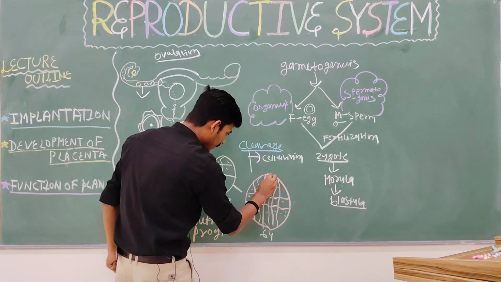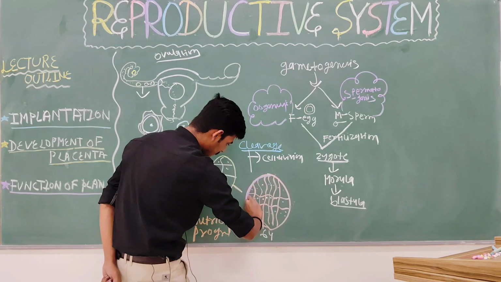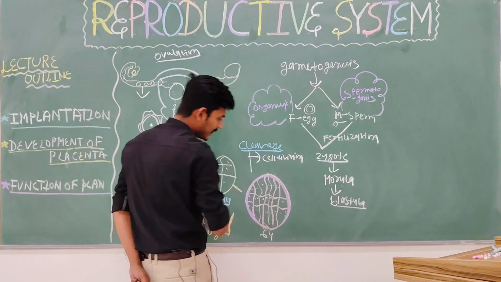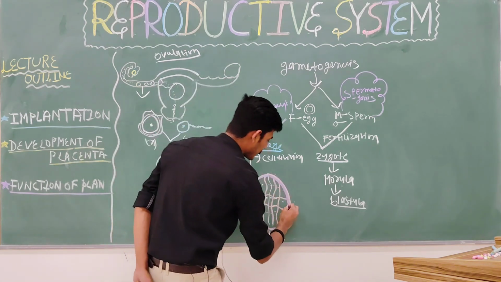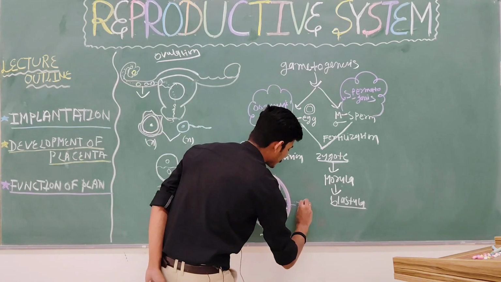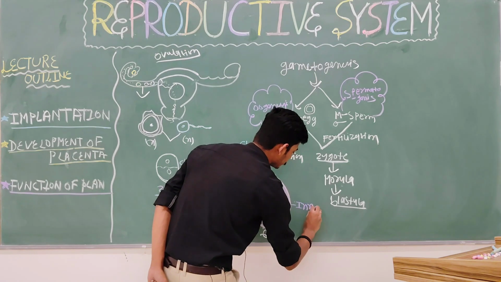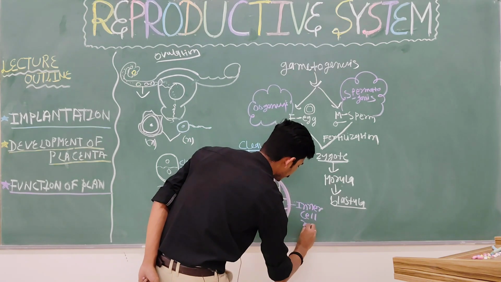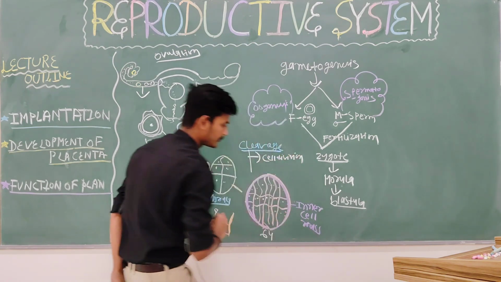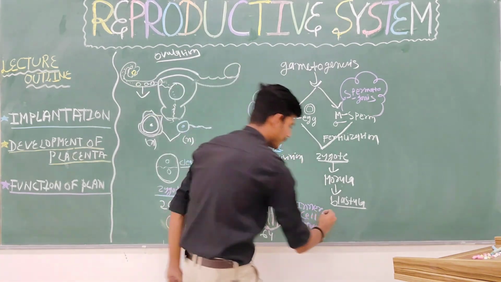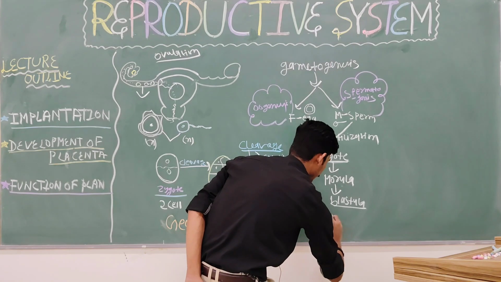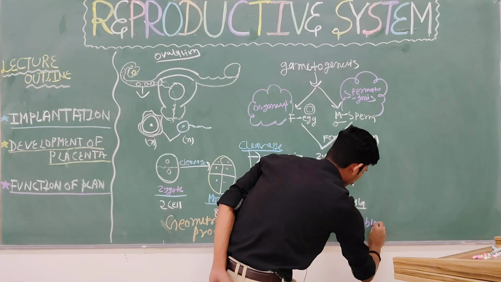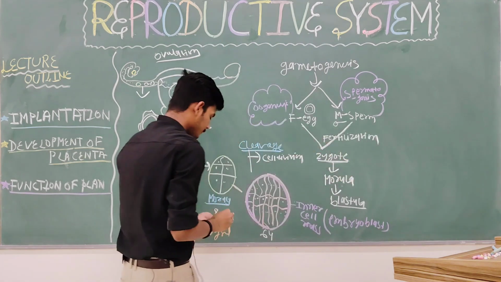The one layer lies internally, and this layer is referred to as the inner cell mass, also known as the embryoblast.